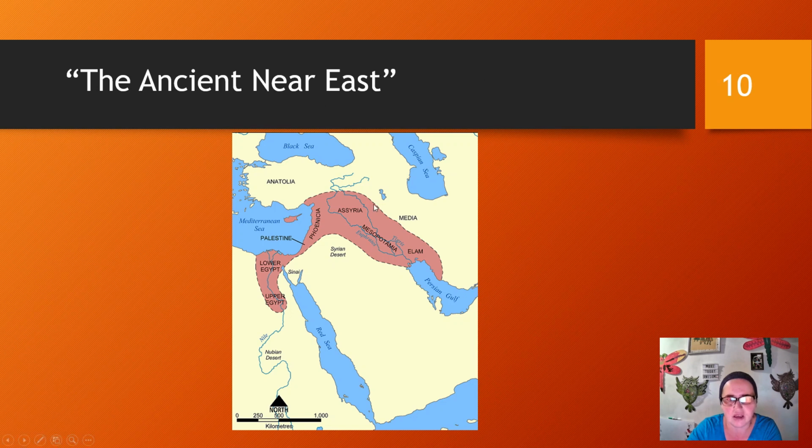So the Mesopotamian region, the cradle of civilization, is this little fertile crescent between the Tigris and the Euphrates. But yes, here we have essentially what we call the ancient Near East. Now, the Mediterranean peoples of the Greeks and Romans will also be pretty key figures in the history that we're going to be covering today.